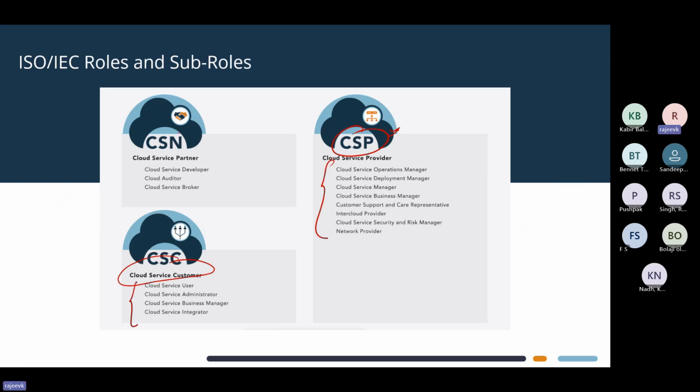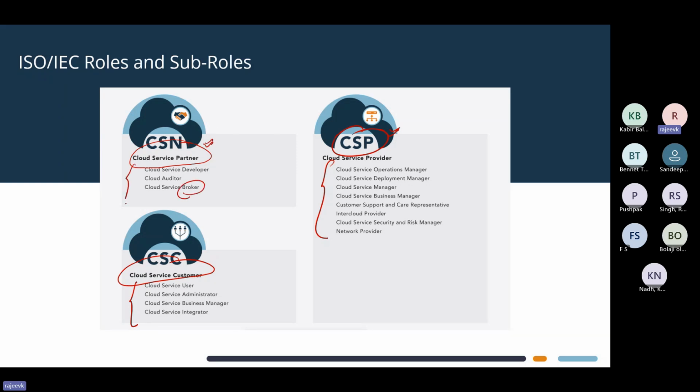Apart from that, we have the cloud service partner. Partner is very much like a broker. But remember here, partner is one step ahead of the broker we had seen in the NIST reference architecture. In the NIST reference architecture, there is only a discussion of the broker, but here they are called partners.